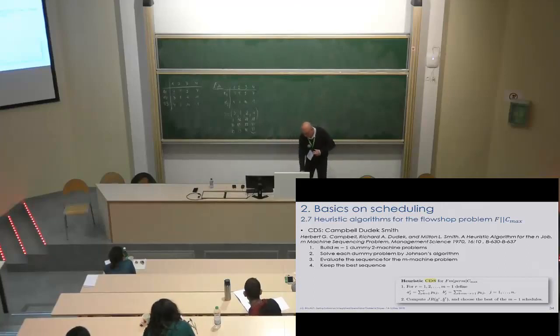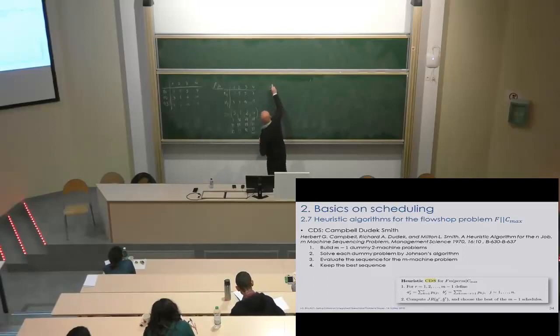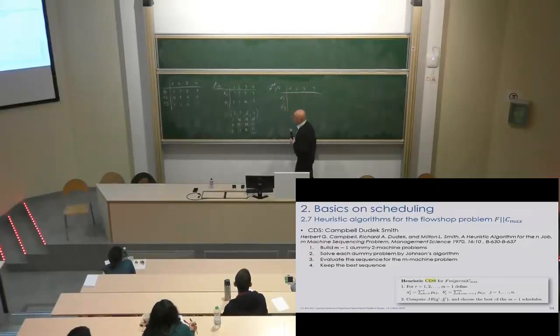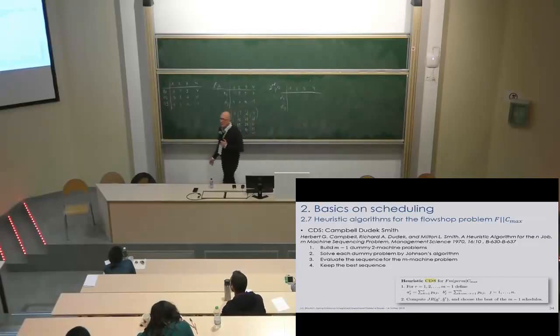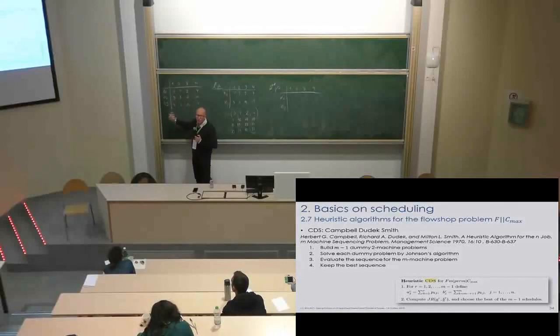For the second problem, for the pseudo processing times on machine 1, I make the sum of the processing times on machine 1 and machine 2.